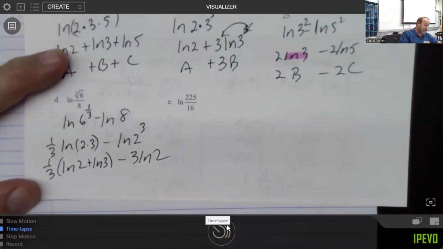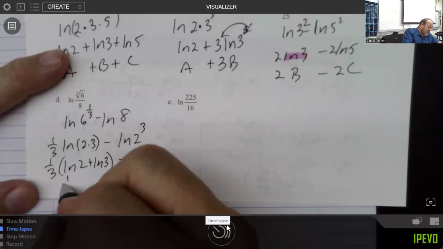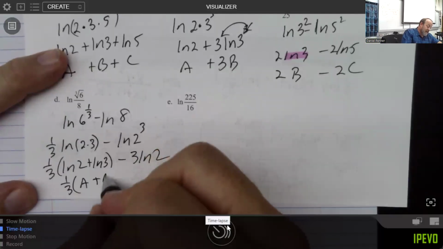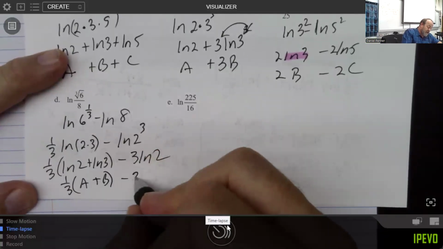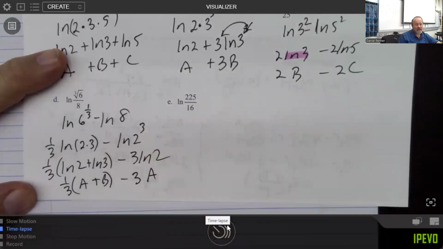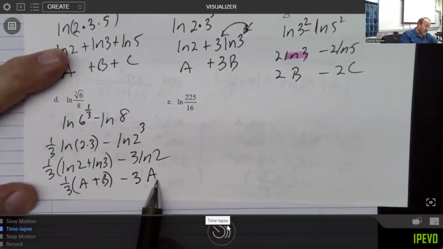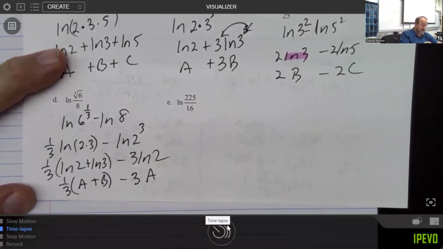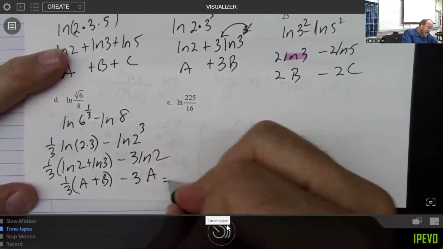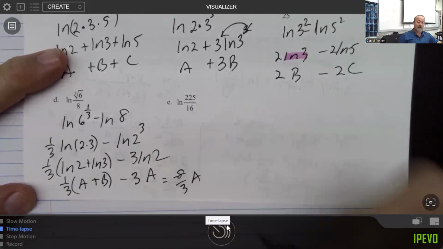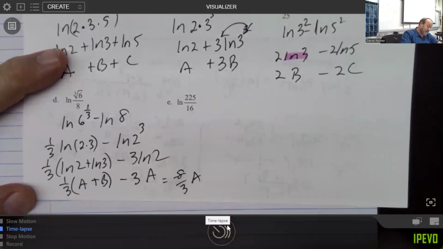Those exponents go to the front. So what I've got is a third of an A plus a B, and I lost three A's. Well, that's a little bit of a strange way of doing it because really I've got A's here and I've got A's here. So I've got a third of an A, but I lost three, or nine thirds. So I think it would be better to say I had negative eight thirds of an A plus a third of a B.